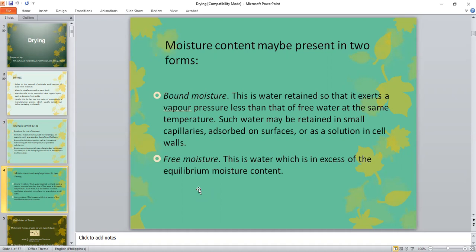Such water may be retained in small capillaries, adsorbed on surfaces, or as a solution in the cell walls of living organisms. Free moisture is water which is in excess of the equilibrium moisture content. Anything in excess of the equilibrium moisture content is what we call free moisture.